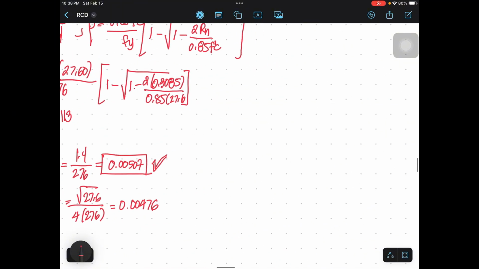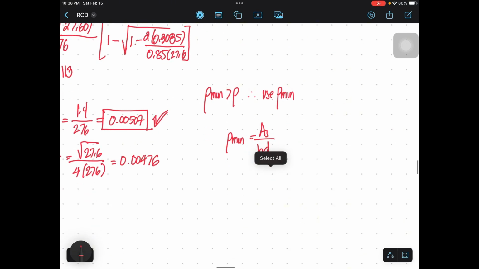So since rho min is mas malaki pa compare sa rho, therefore, gagamitin natin yung rho min. Rho min is equals to area of steel required over the dimension of the section. So we have 0.00507 equals area of steel reinforcement required over the dimension of 300 times 490.